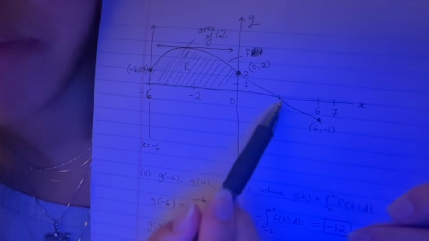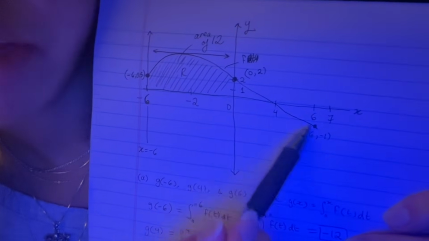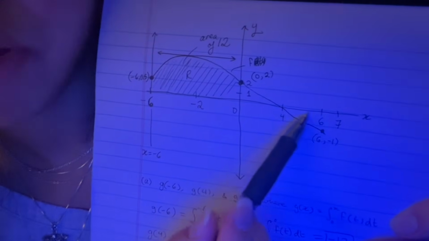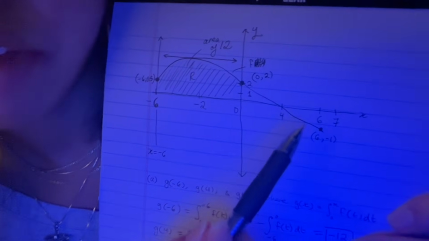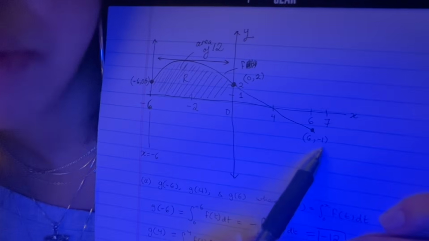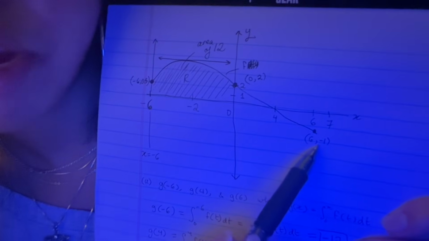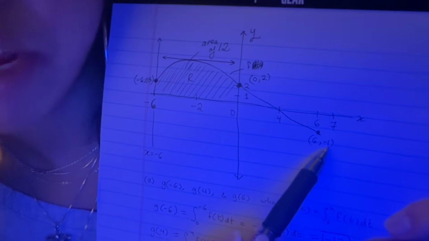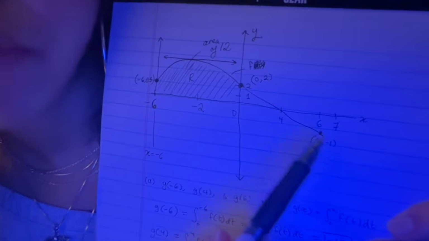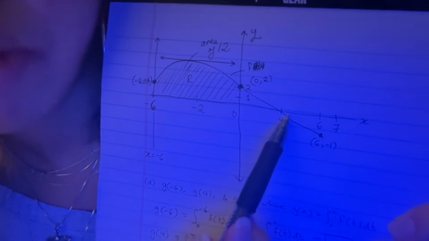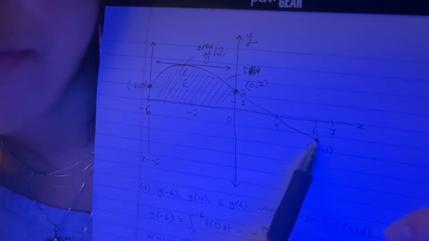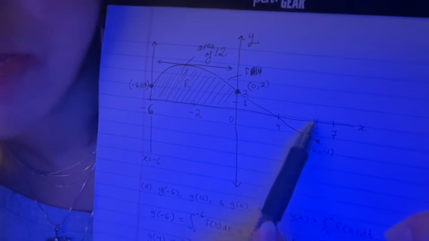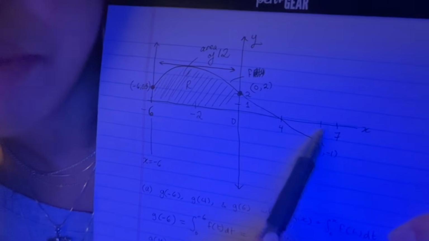If we find the area of this triangle, then we know that the integral will just be the negative of whatever this area is. We can do that because we're given this point here as being (6, -1). So that means we have a triangle with a base of 2 and a height of 1, all divided by 2.